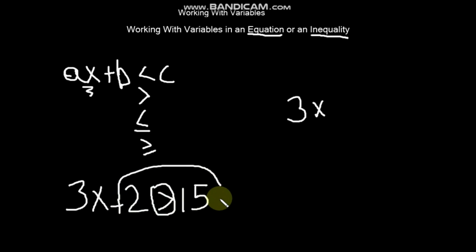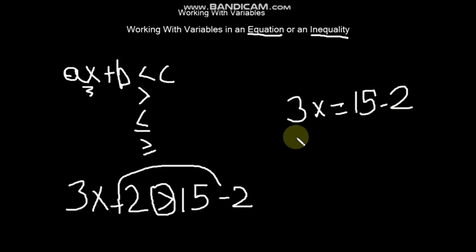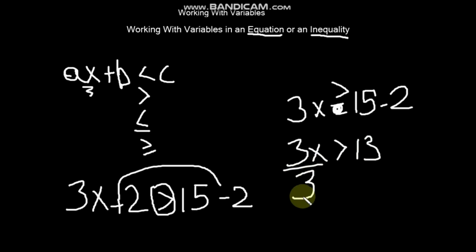So it's going to be minus 2. So 15 minus 2 equals 3x. I'm sorry, this is supposed to be greater than. 3x is greater than 13, over 3 over 3. So x must be greater than 13 over 3.